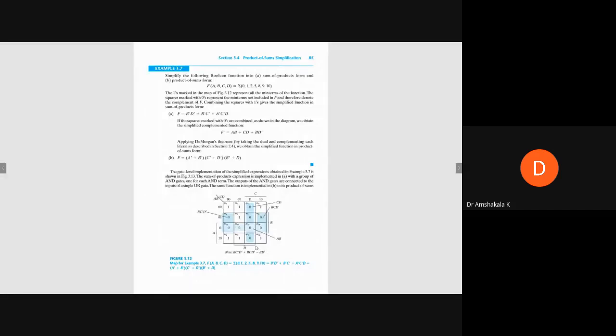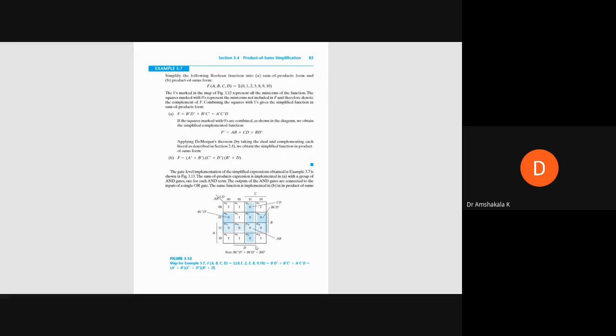In some cases, if you look at the map, you can see that grouping ones may not be possible. Even in this case, you can see ones scattered here and there, and the maximum possibility is you can group two cells together, and that too will have so many terms included. So instead of doing that, we will combine the zeros together and put this expression in the other form.